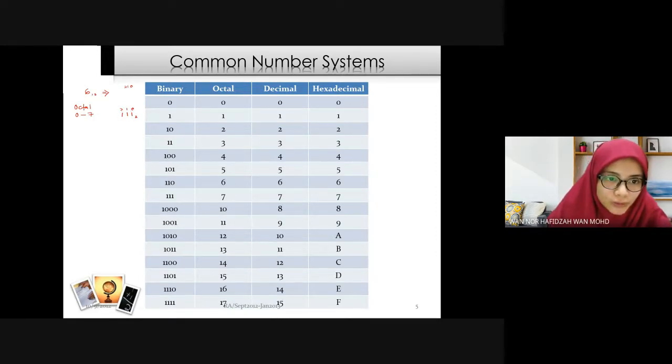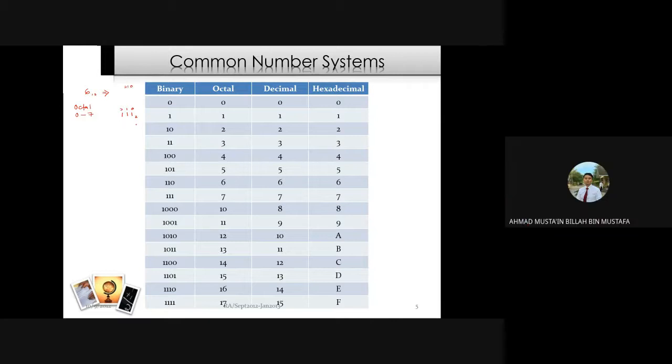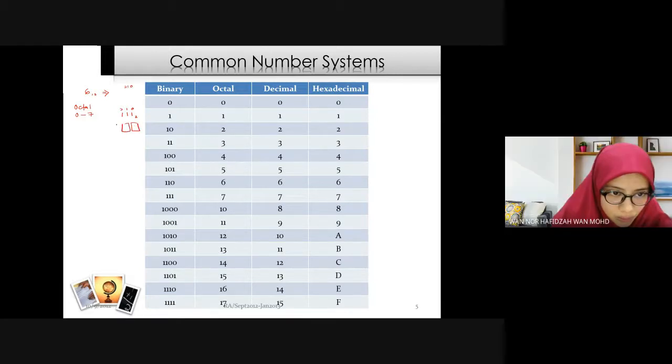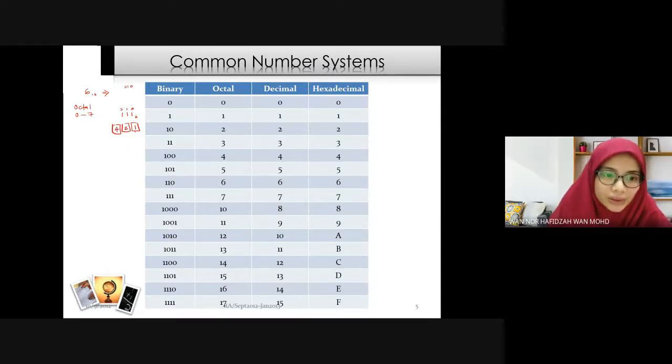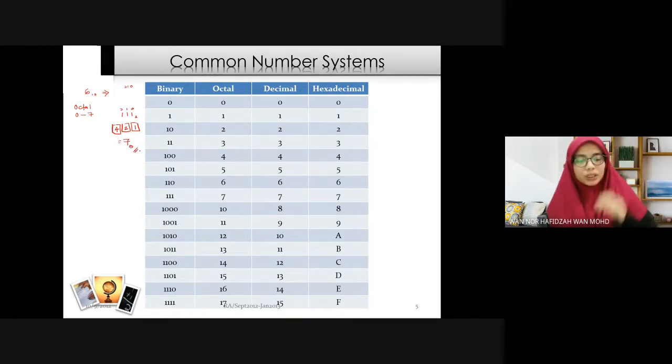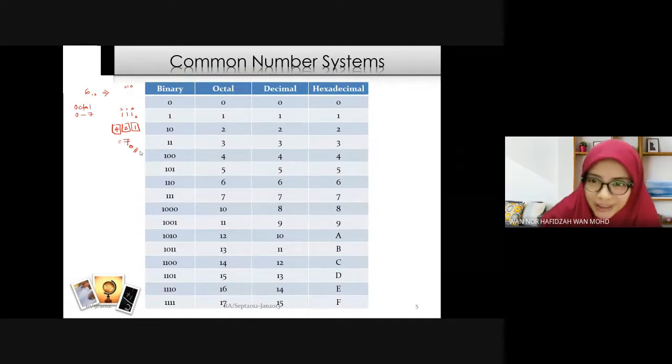So 2 to the power of 0 equals 1, 2 to the power of 1 equals 2, 2 to the power of 2 equals 4. When we add 1 plus 2 plus 4, we will get 7. This is a bit difficult to understand. Okay, let's go for conversion.